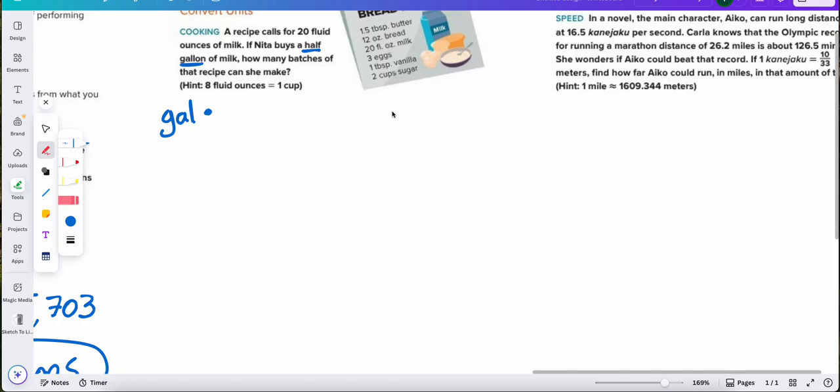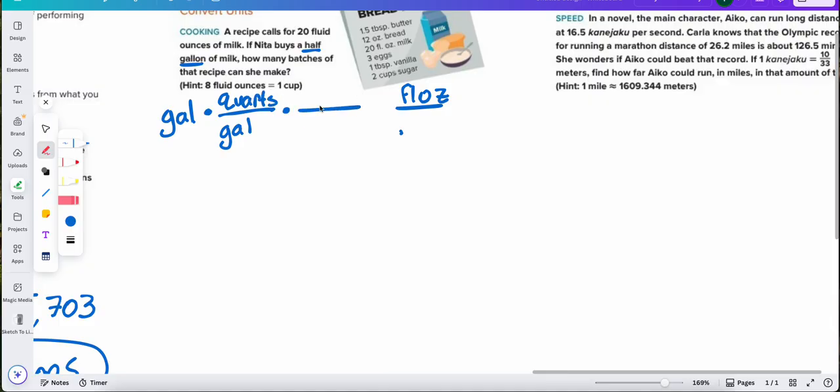So we know at the end of this, we want to have just fluid ounces left. So we've got to figure out what string of operations to do. So we know how many quarts are in a gallon. So we want gallons to disappear. So we put gallons on bottom, which makes us put quarts on top.